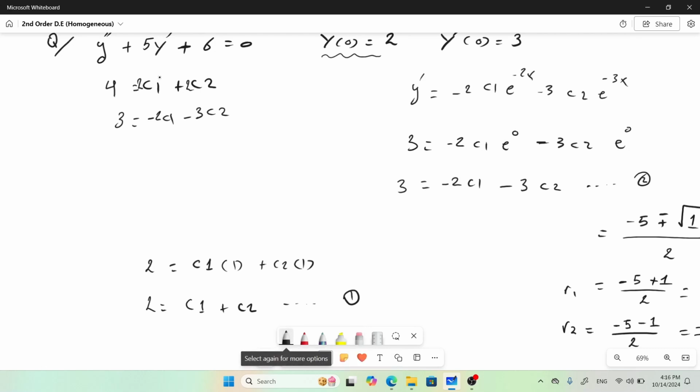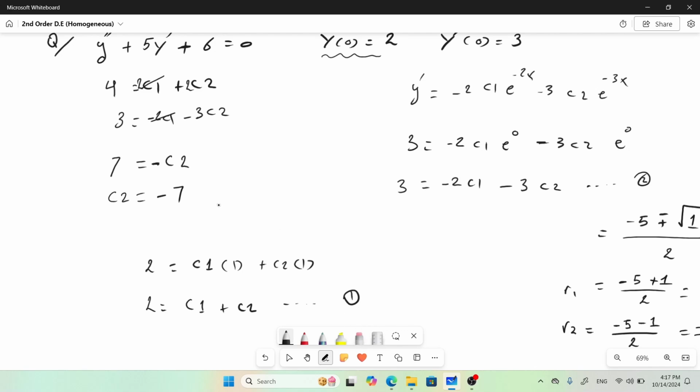We have 2 c1 and negative 2 c1, they cancel out, so we are left with 7 is equal to 2 c2 plus negative 3 c2, which is negative c2, so c2 is equal to negative 7.